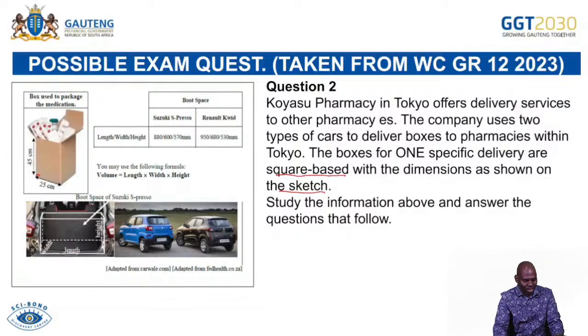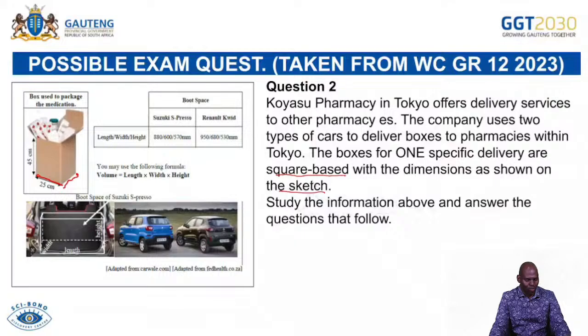So if this is 25 centimeters, the other side is also 25 centimeters. The examiner didn't have to indicate it because they indicated that it is square based. They say study the information alongside and answer the questions that follow.